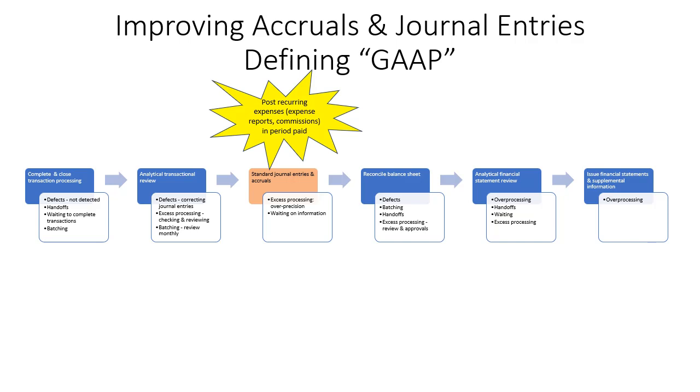And do you really have to examine the difference between one month and the next month? It may not be that different in terms of the amount. And so you can just post in the period rather than waiting to get the information to do the accrual.